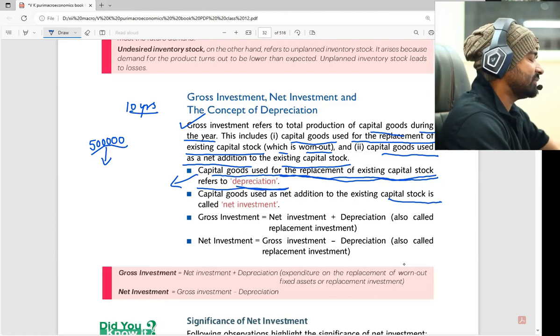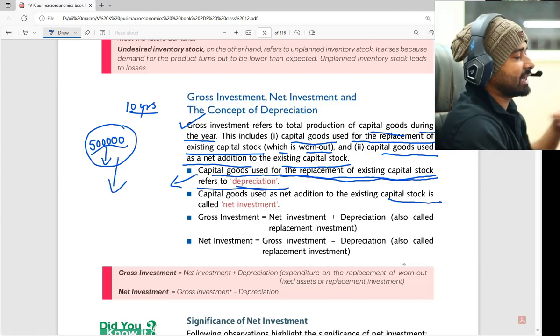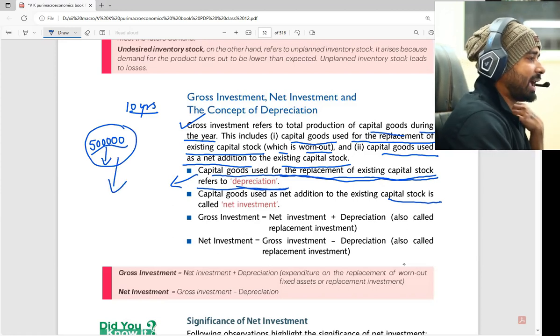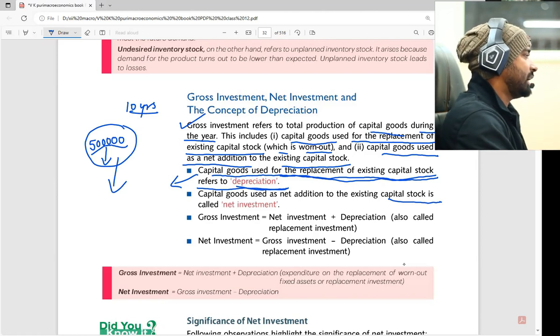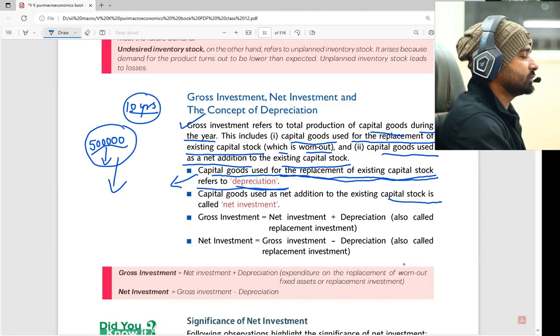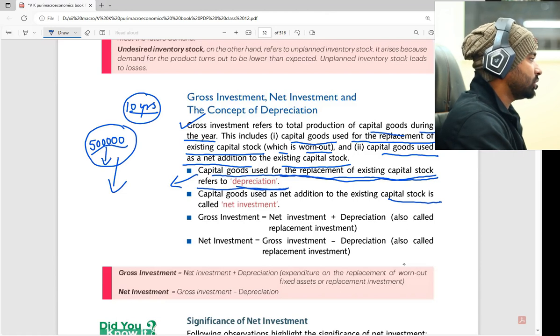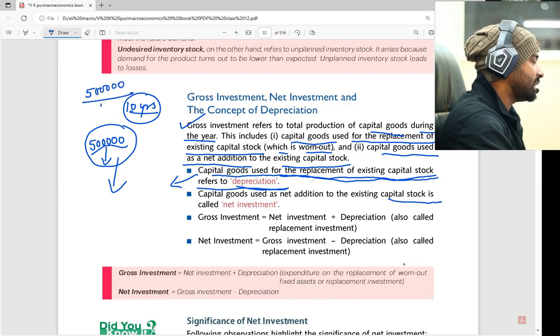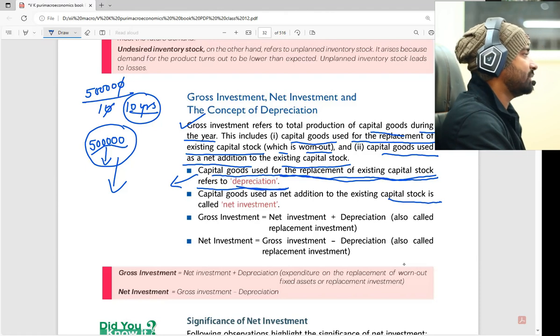It will be very difficult to purchase another machine the very moment the 5 lakh rupees machine is condemned. So what does the company do here? We are going to use it for 10 years, so in 1 year the value of that machine will decrease by how much? I divide by 10. So in 1 year the value decreases by 50,000.